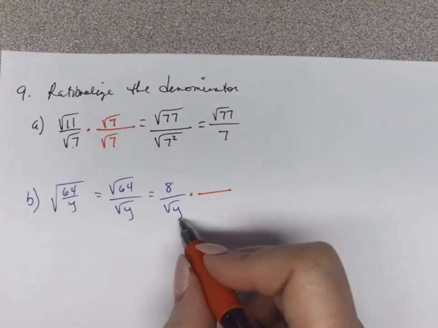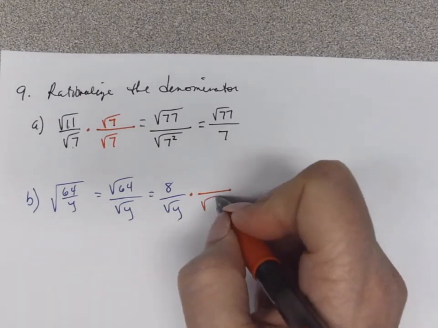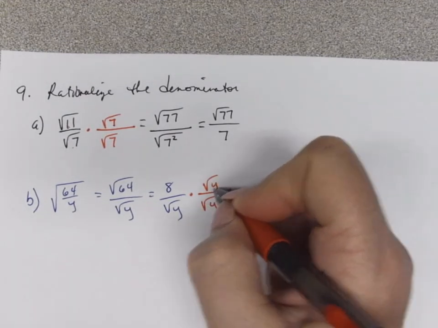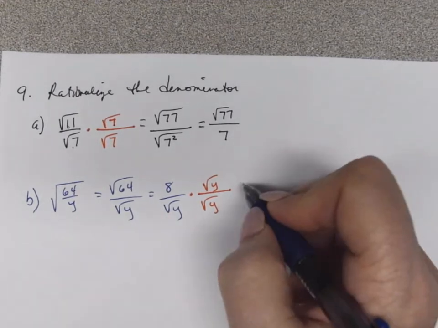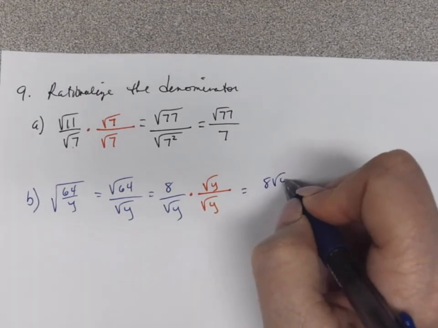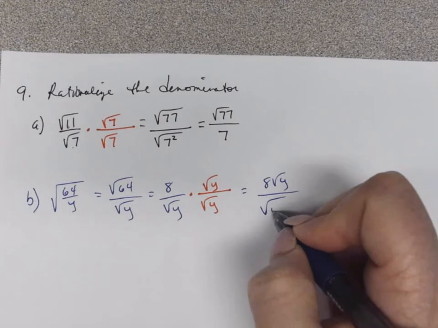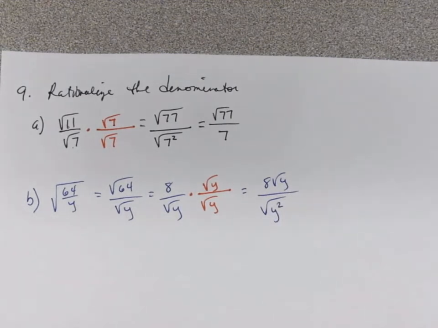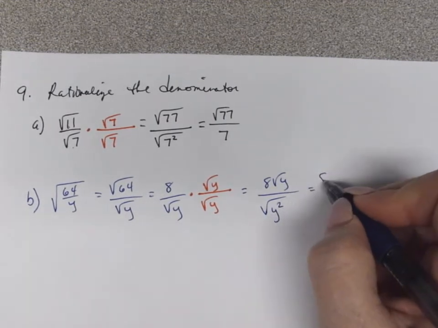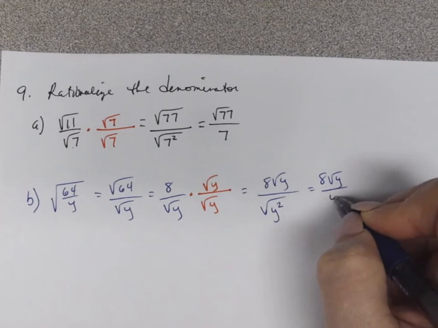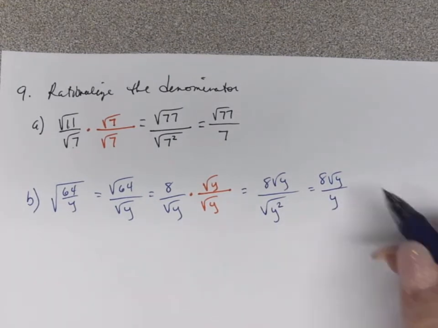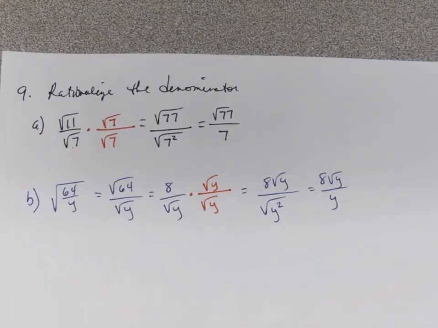So I need another square term, so it's going to be multiplied by the square root of y. So this now gets us 8 square roots of y over the square root of y squared. Square root of y squared will get us y in the denominator, and now we're done with that one as well.